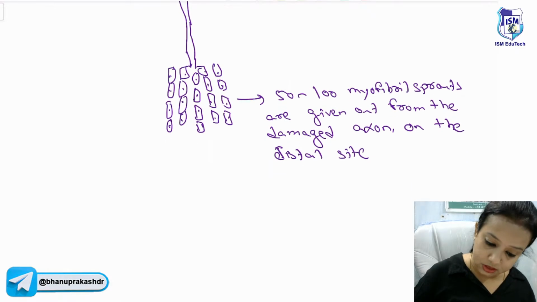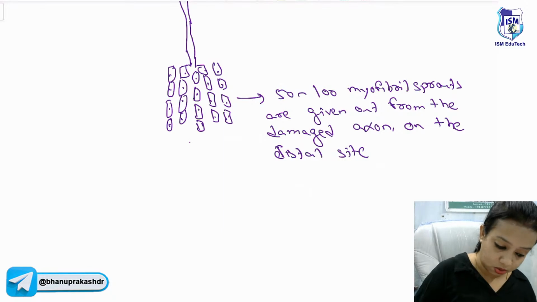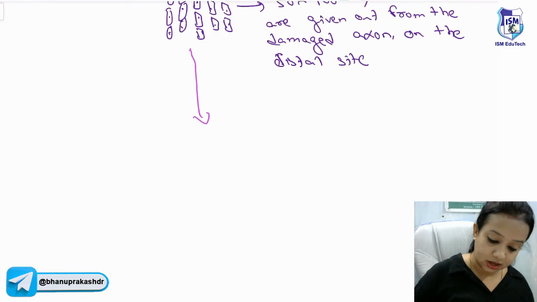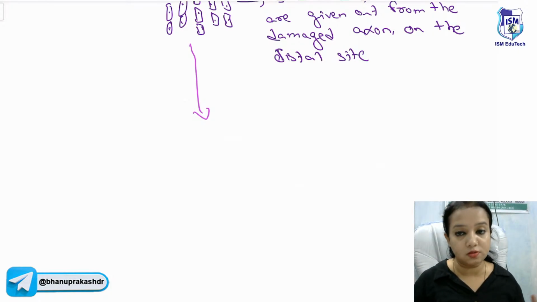But out of these 50 or 100 myofibril, only one myofibril can successfully invaginate the axon, because once the axon was lost, the neurolemma was a hollow tube.